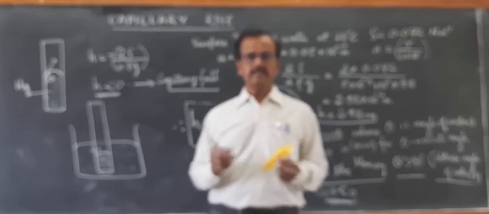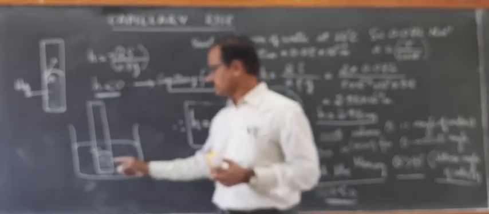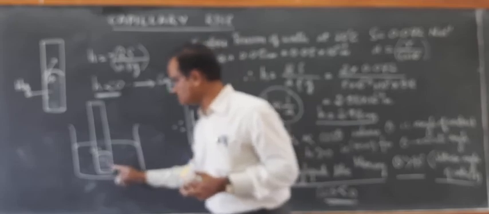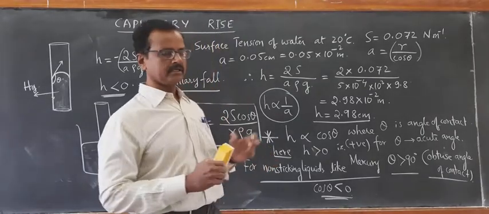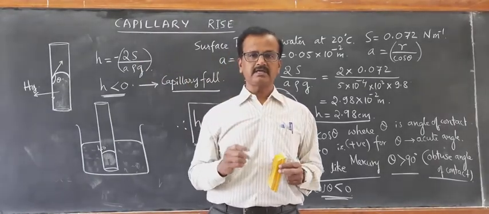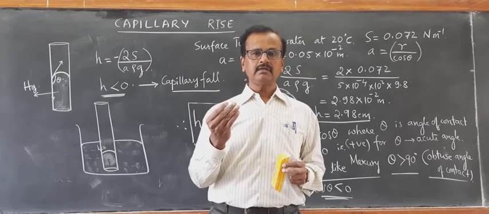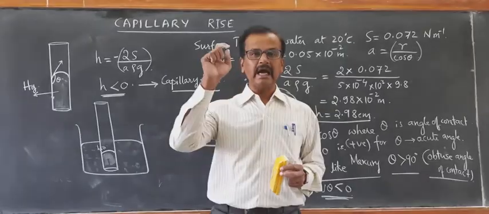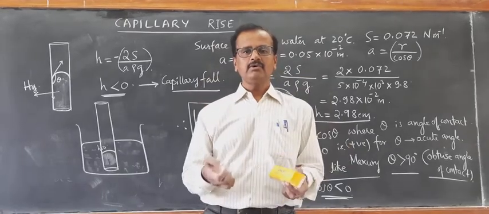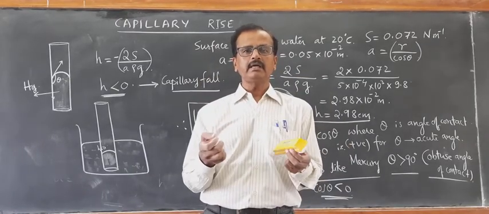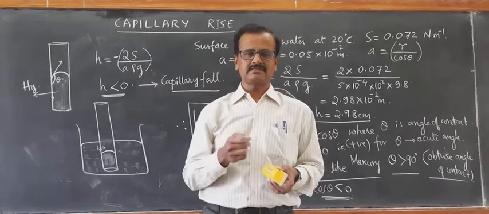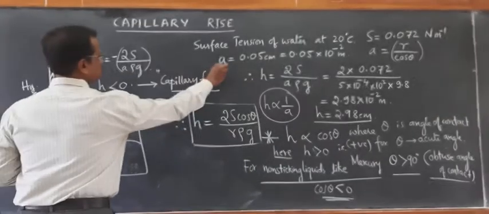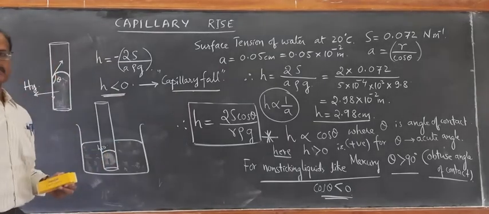The reason is the intermolecular force between the glass molecules and the mercury molecules is repulsive. Whereas in the case of water like liquids which are sticky, the intermolecular force between water and glass is attractive. That's how, due to attractive intermolecular forces, the water rises up, causing a pressure difference. Here capillary fall takes place. So this is again the consequence of surface tension.